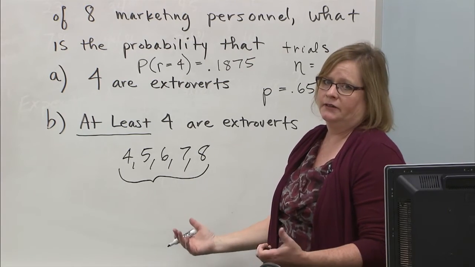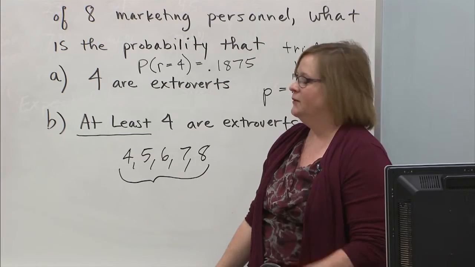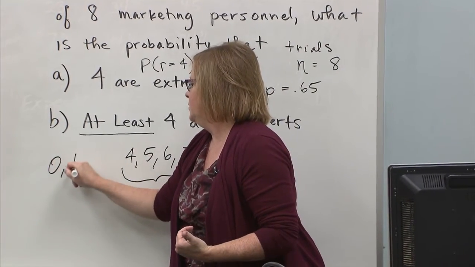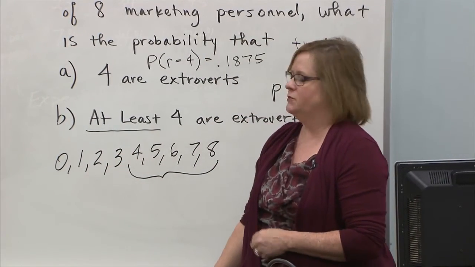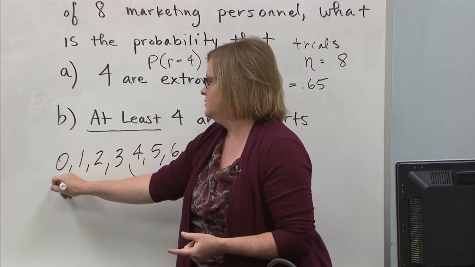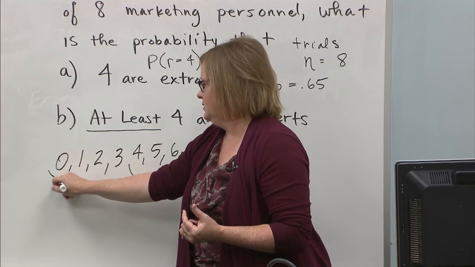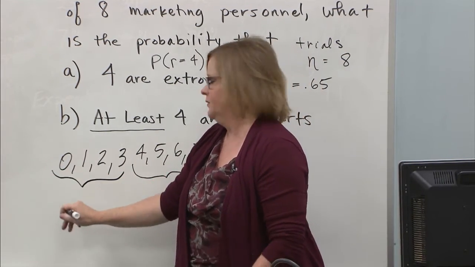I'll tell you right now, your calculator can't do that. It can't add 4 through 8 for you. What it can do is add 0, 1, 2, and 3 successes. That's what that binomial CDF does. It always starts at 0. So although it's not going to give us the answer directly, it's not bad. I mean, it'll at least add those ones together.